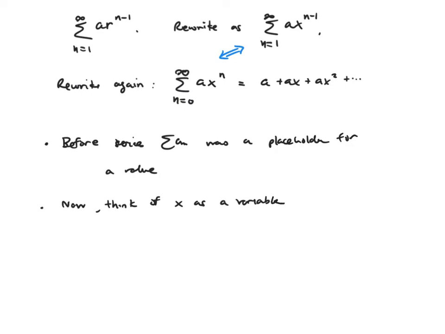All right, and by that I mean we can plug a value of x into the series, and then the series for that value of x will return a value to us, much like a function does. Okay. So then this sum n equals 0 to infinity of ax to the n is a function.